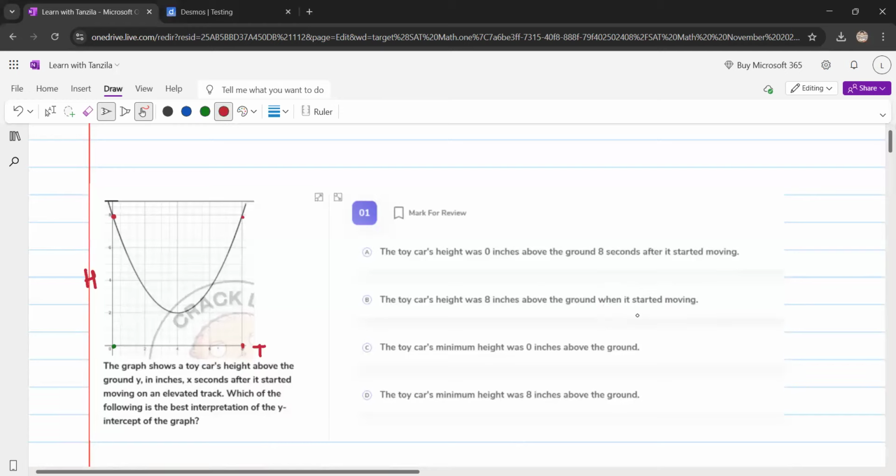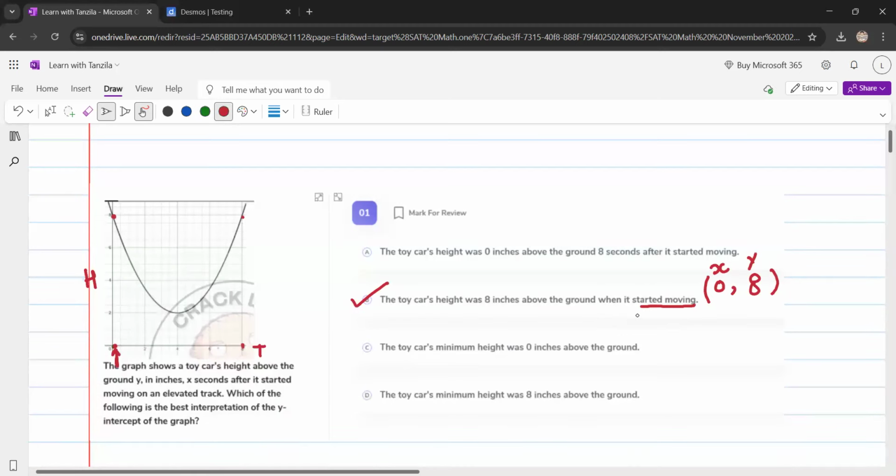So when it started moving, the time was 0, which is our x coordinate, and the height was 8, which is our y coordinate. So that's what it's talking about. So the correct answer is B.